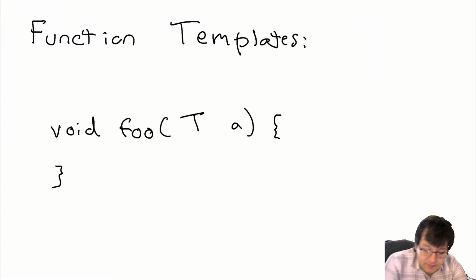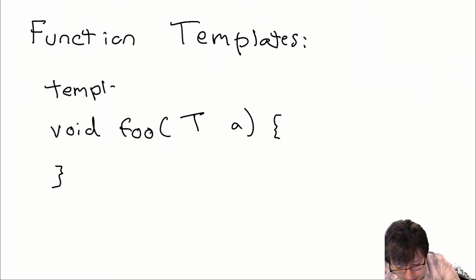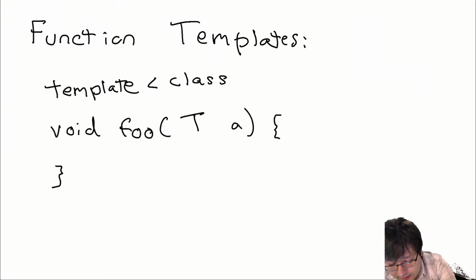So now I have to write some fancy syntax to get this going. I have to write the word template, then the less than sign, the word class, the name of the variable that you want the template to represent, and then a greater than sign. There is another way you can do this, by the way.